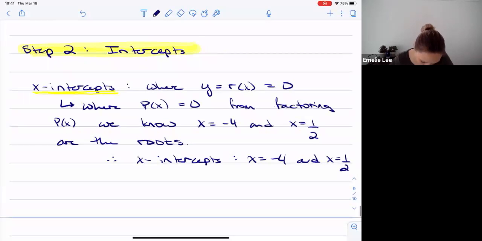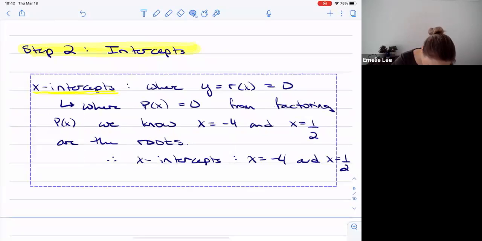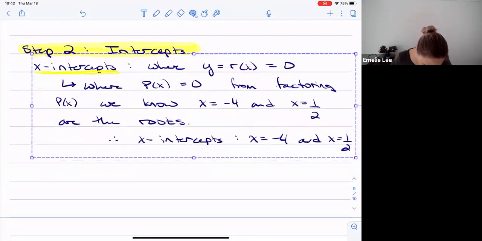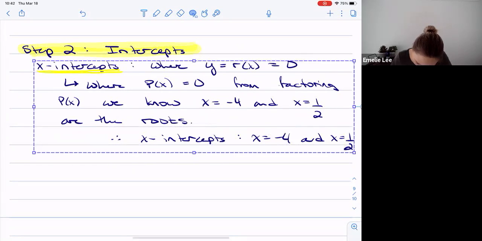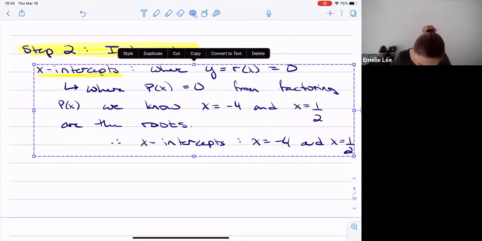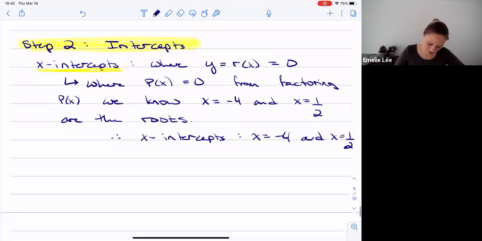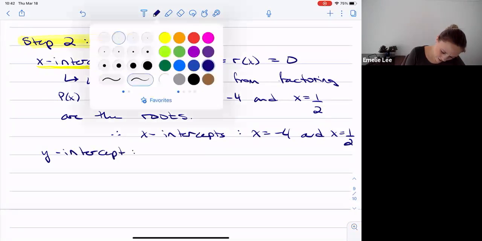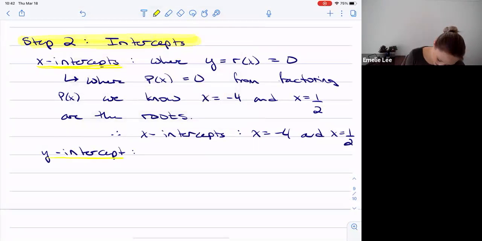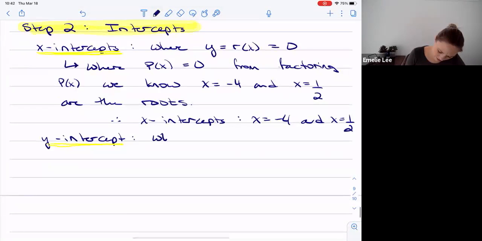And in an attempt to keep all the intercept stuff on the same page, how about I move it up just 1? So then the y-intercept, and I'll underline it in yellow again, is where x equals 0.